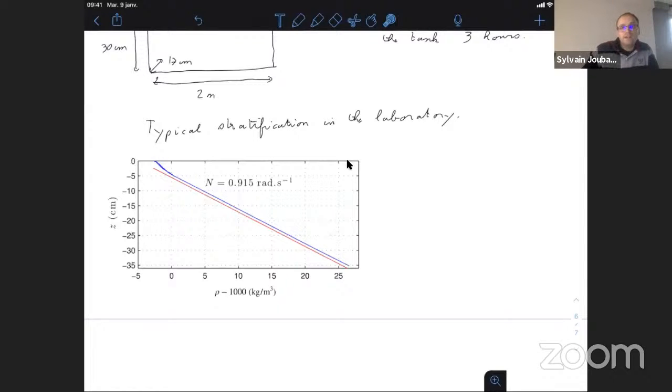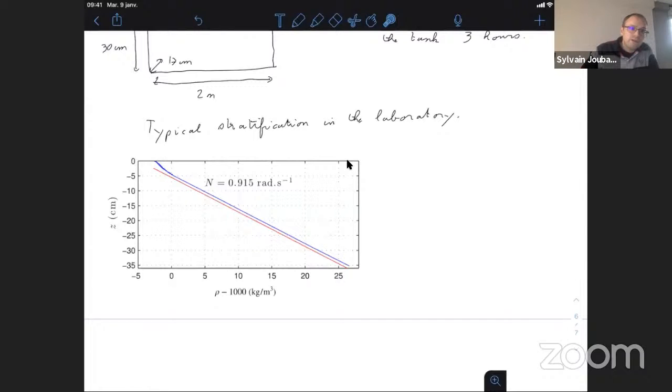And usually over time, you have some mixing at the bottom of the tank where it becomes more homogeneous. But in the middle, the stratification stays for a long, long time. After 5 days, we still have the same stratification with the same linear slope.